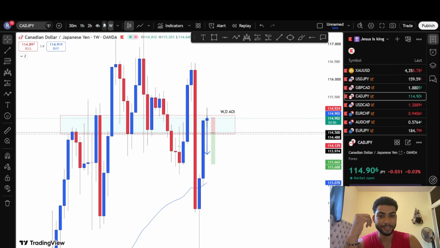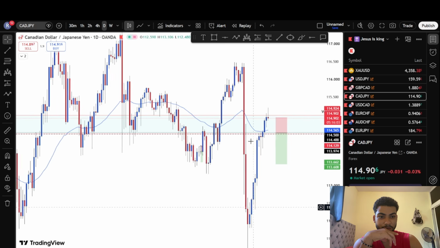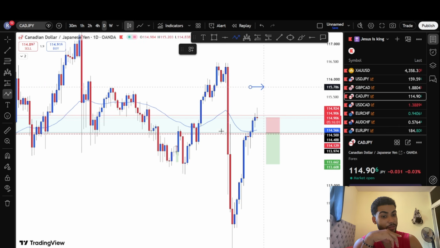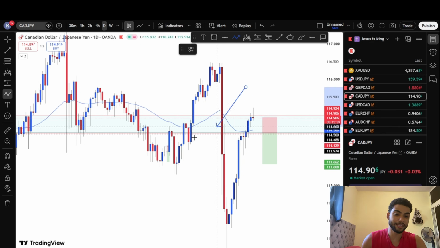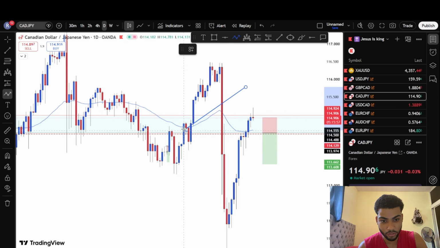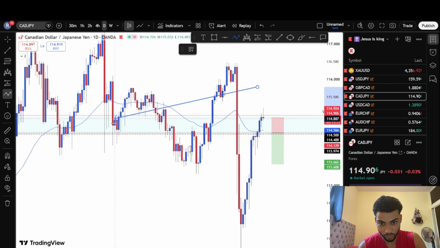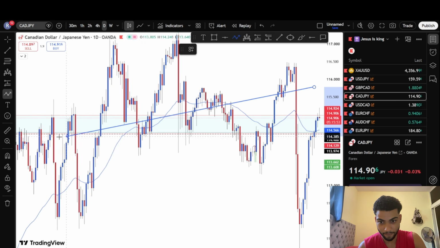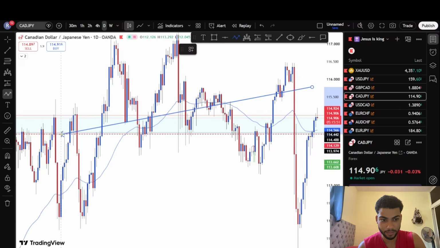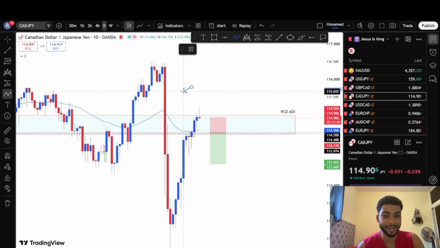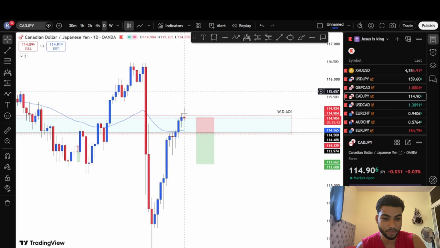So on the daily time frame, we also have this area, which is the weekly area. But on the daily time frame, we have one touch, two touches, three touches, four, five, six, and then seven. So that shows me that it is also an area of interest on the daily. So I love that. I love to see that.